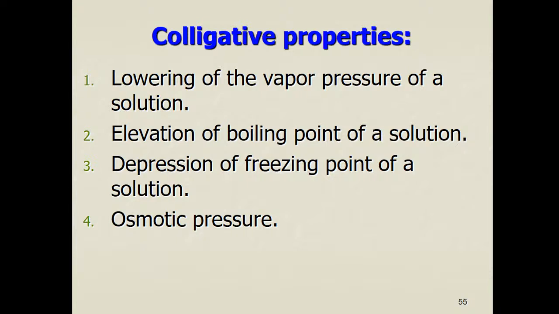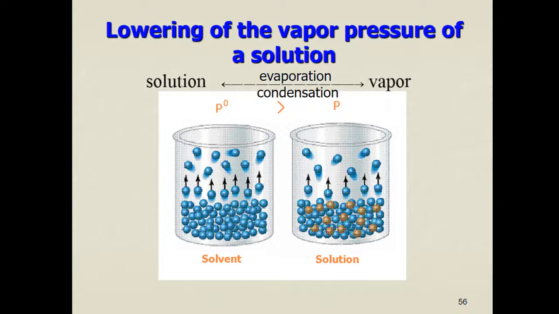So let us see what happens for each one and how we can mathematically describe the behavior of solutions from the colligative properties point of view. The first one is a lowering of the vapor pressure of the solution. Above a solution, vapor is always present. As I told you, above a solvent there is always some amount of solvent in the form of vapor.